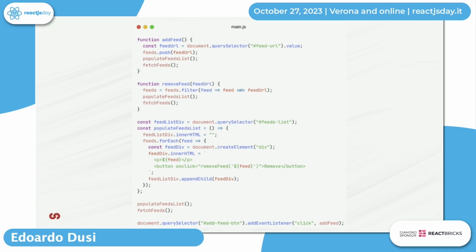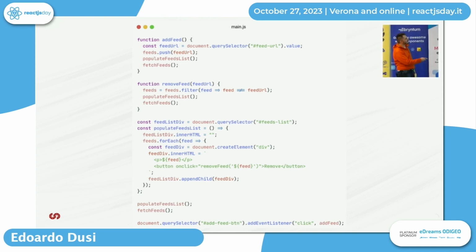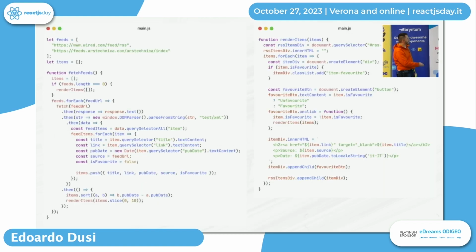And in order to be reactive, I just add the event listeners. You can add the event listeners wherever you want, so you can react to what the user is doing. So when the user clicks on the add feed button, I just call the add feed function. It will get called, I will call fetch feeds, fetch feeds will populate my feed, we call render, and the render process is there.